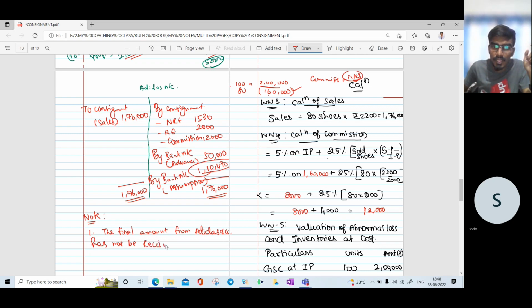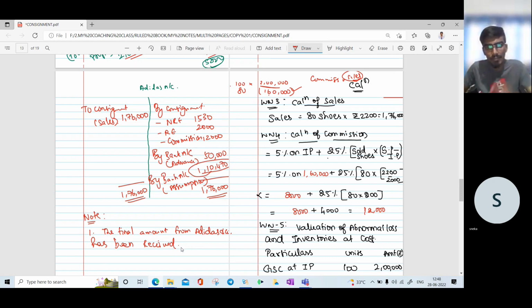Or you can write there, the final amount from Adidas and Co has been received. Similarly, by balance carried down, you can write that the final amount from Adidas and Co has not been received.